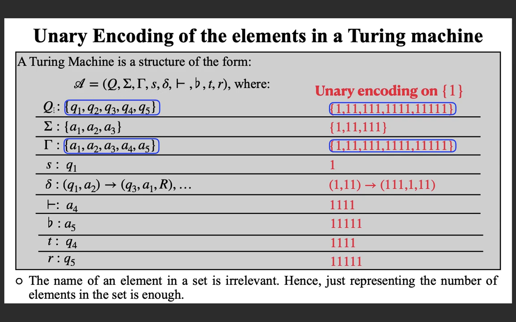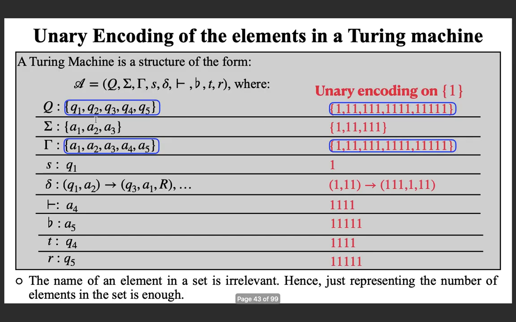If you say that 5 states are there, then these are the unary representations, no doubt. The first state is represented as 1, second state is represented as 11, etc. Similarly, if you know that it's a tape alphabet, no need to remember the names of the tape alphabets, just remember how many are there, 5. Then the first alphabet is 1, second alphabet is encoded in unary as 11, likewise it goes.